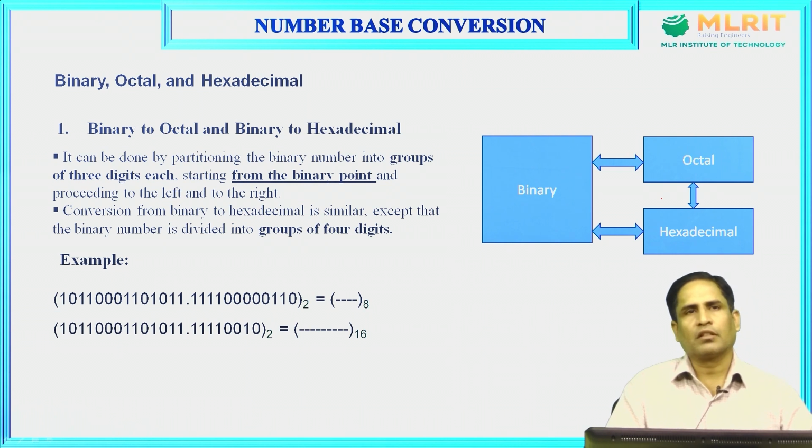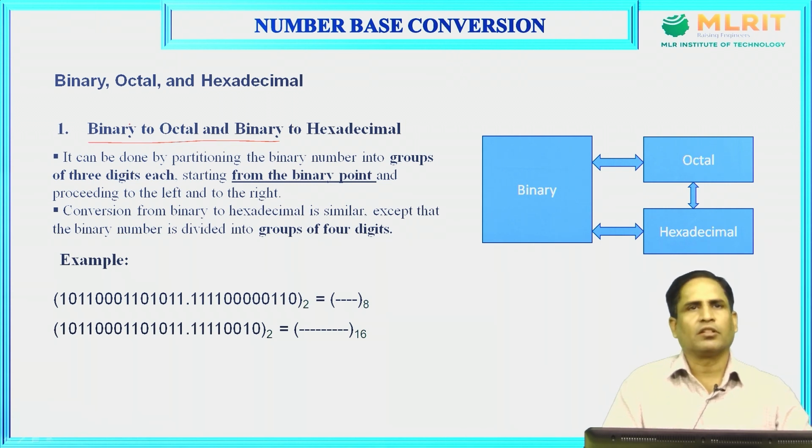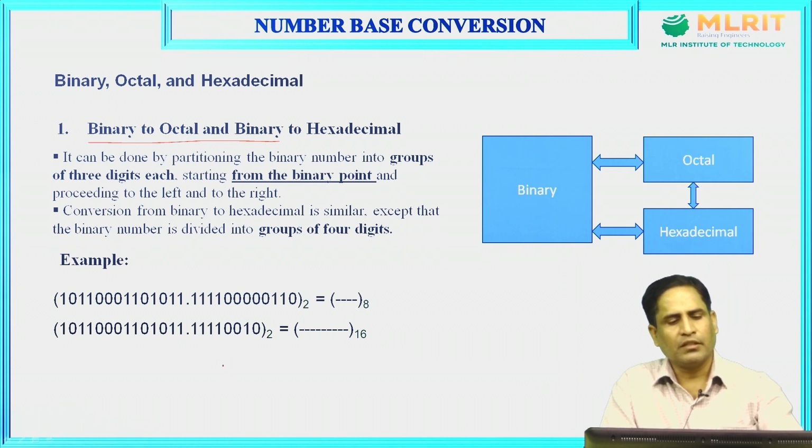So before delving into this particular topic, we should keep in mind that there is a definite relationship between these three number systems. You have noted in the first lecture that binary has a base or radix of 2, octal has a base or radix of 8 and hexadecimal has a base or radix of 16.